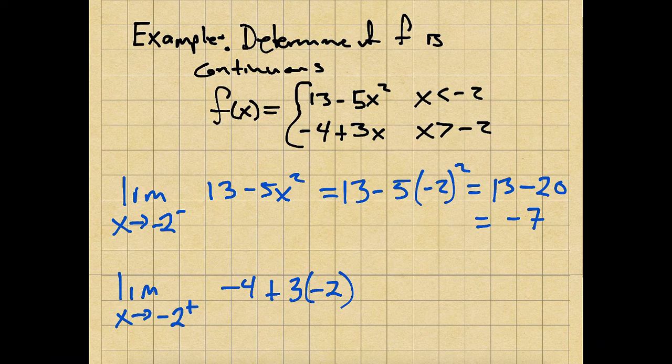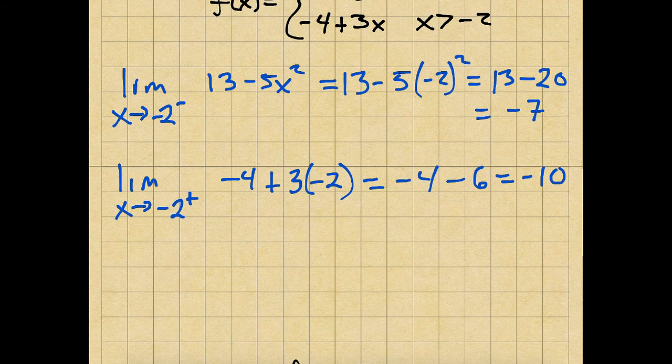If we look at putting in -2 on that one, then what we happen to have is the limit here, -4 minus 6, or -10. And on this one, f of -2 is undefined.